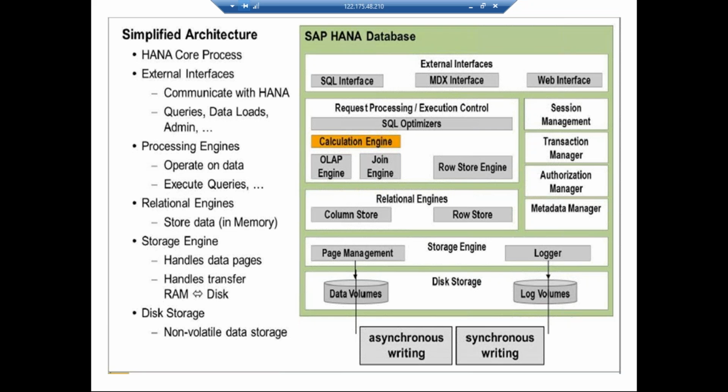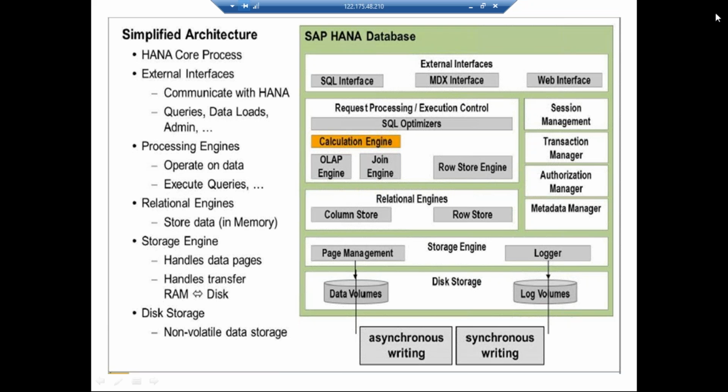So what is the significance of those external interfaces? As is clearly mentioned on the left side here, external interfaces allow you to communicate with HANA. You will be able to communicate with HANA using these external interfaces.